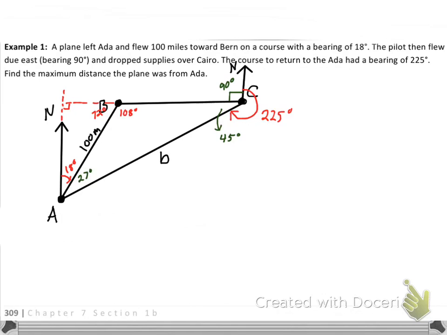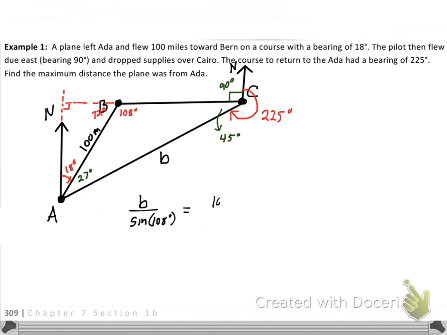That's a good thing to remember because we're going to do law of cosines tomorrow, which is a little bit different. So two angles and a side tell you to use law of sines. If I want to find side b, all I'm going to say is b over the sine of 108 has to equal something that I know the side and the angle of. Well, I know this side and this angle, so we're going to put those two together.